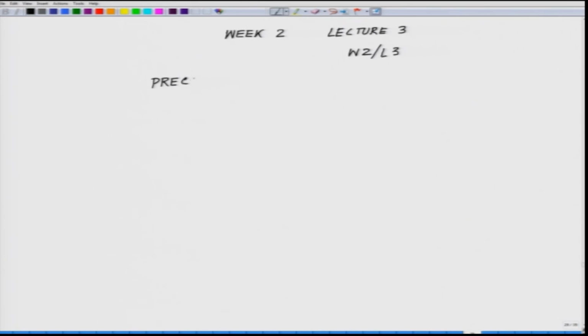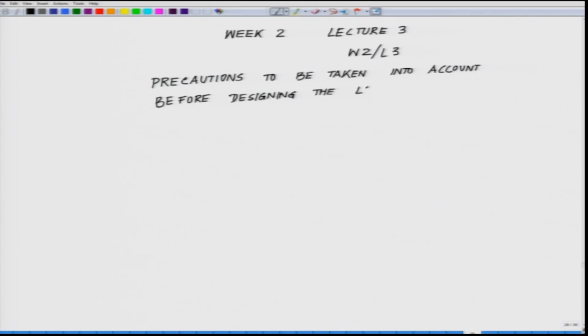Precautions to be taken into account before designing the layout.